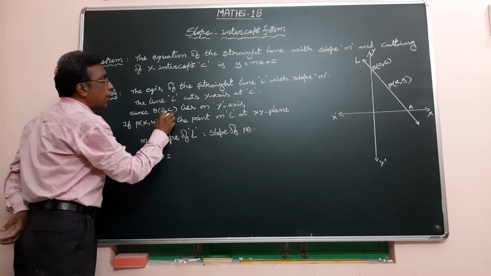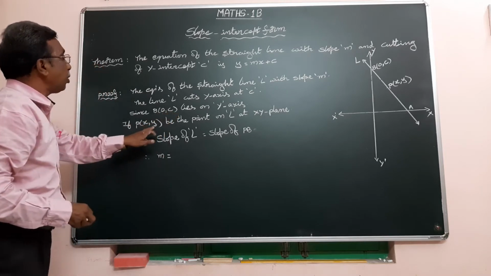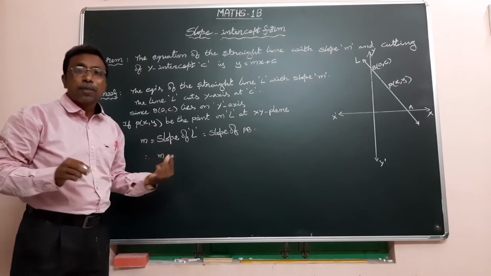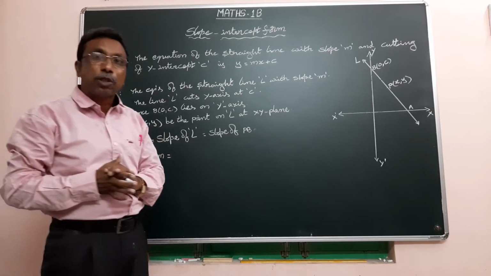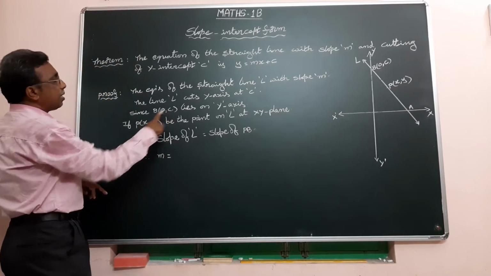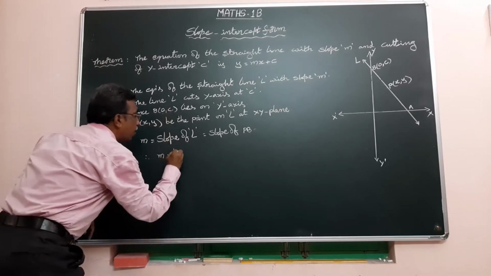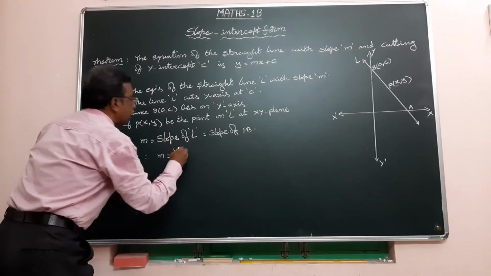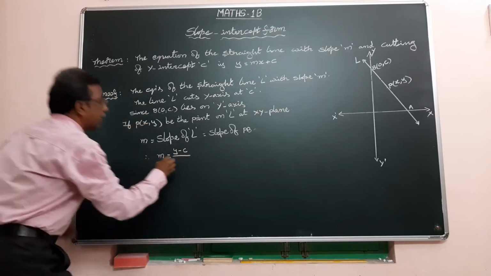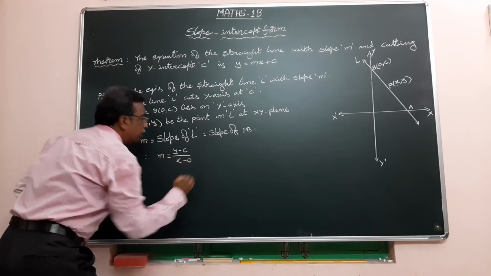The slope of two points is y2 minus y1 by x2 minus x1. Here y2 minus y1 is c minus y, and x2 minus x1 is 0 minus x.